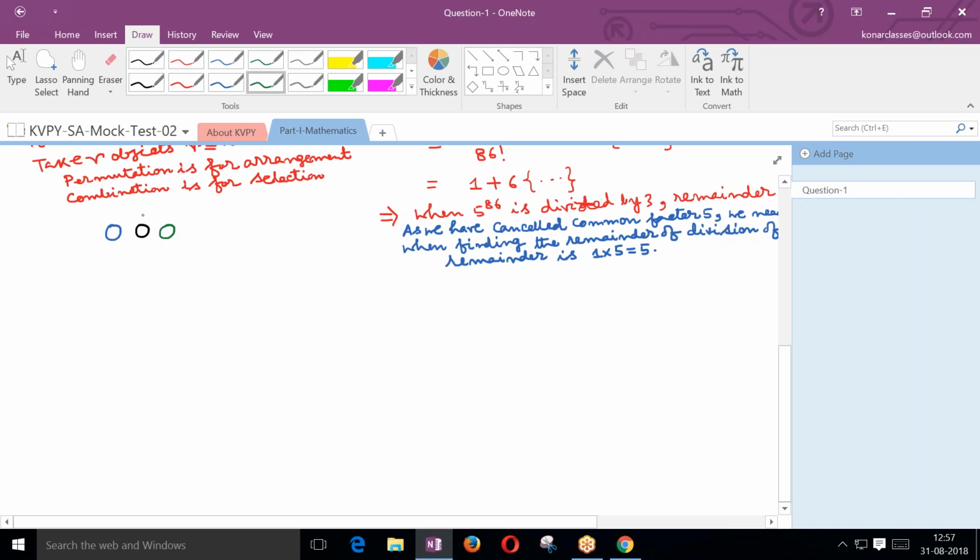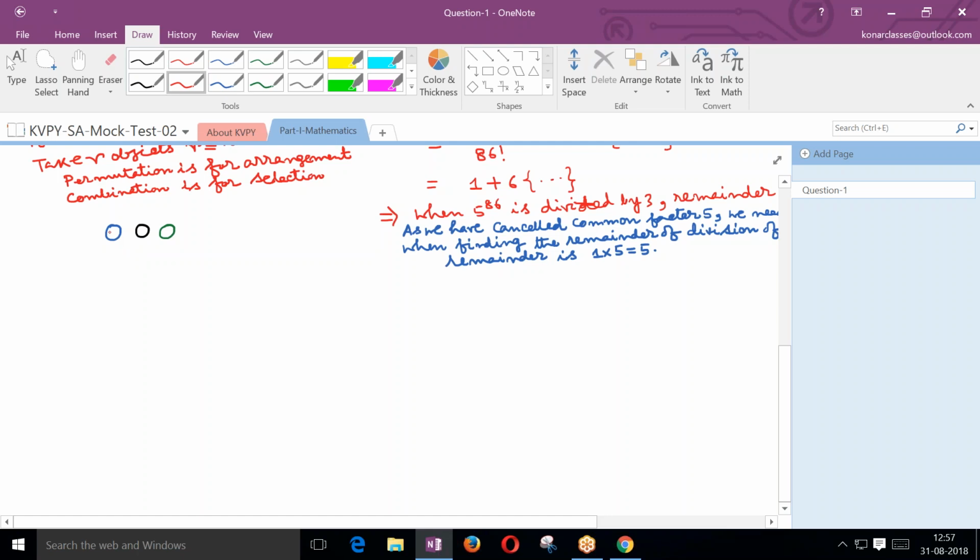So this is a blue ball, this is black. Now what I'm asking is, suppose out of these 3 balls, I take 2 balls and arrange them.